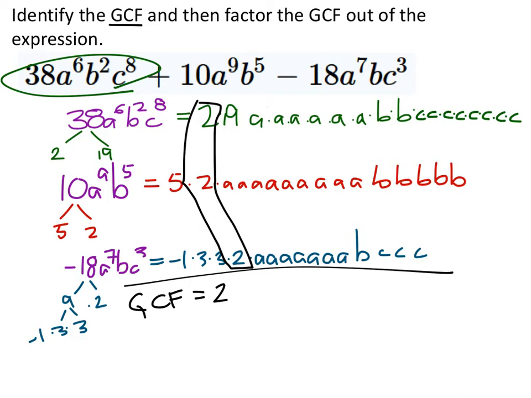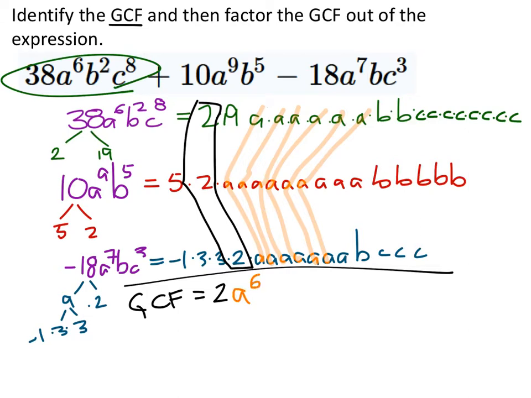Now we have to look at the letters, and there's a lot of a's in common on this, right? So I'm just going to highlight these. Hopefully that'll help us a little bit. So I've got this set of a's, 1, 2, 3, 4, 5, 6 a's in common, all right? So I can write that out as a to the power of 6.